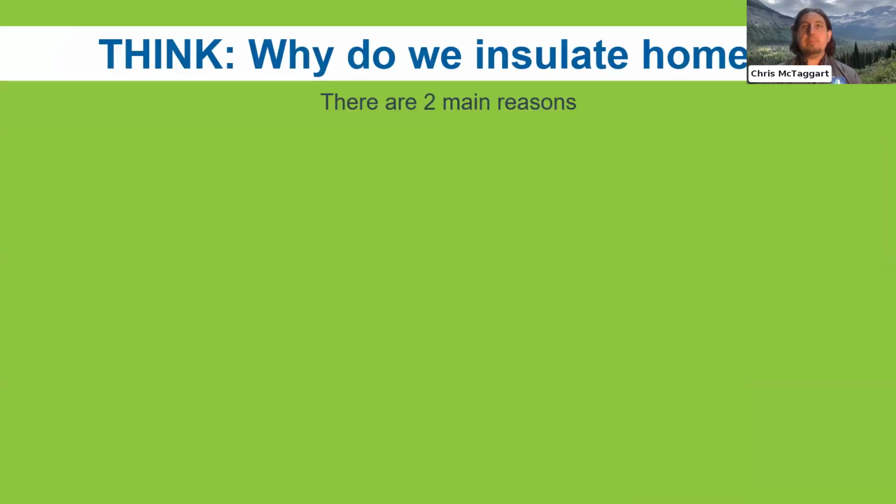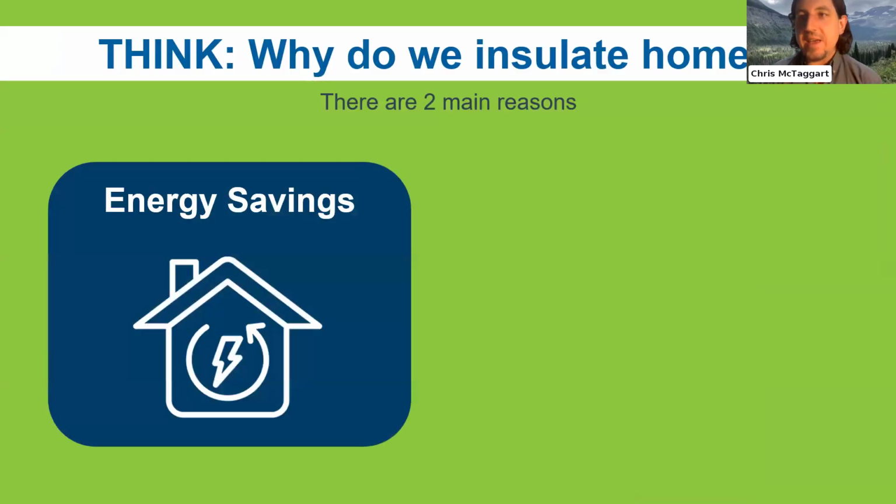Okay, but to understand that, we at least got to talk about why we insulate homes. Well, we want to save energy. Obviously, I think this is becoming a bigger deal here in the state of Michigan. Our utility rates have gone up, and that's for a lot of reasons. The utilities are modernizing the grid.